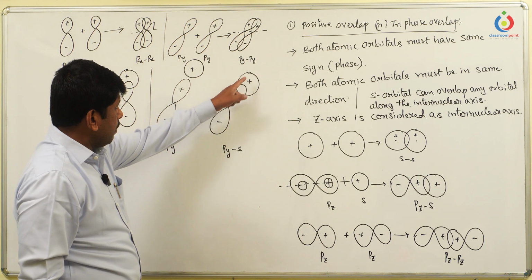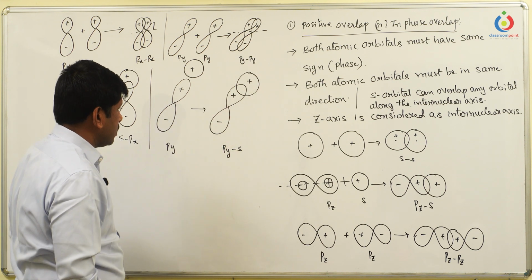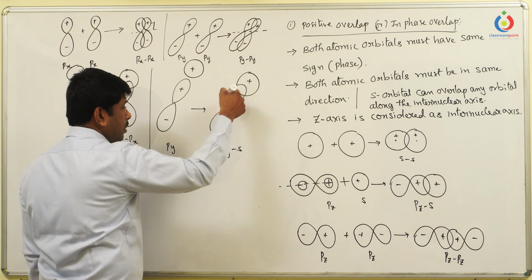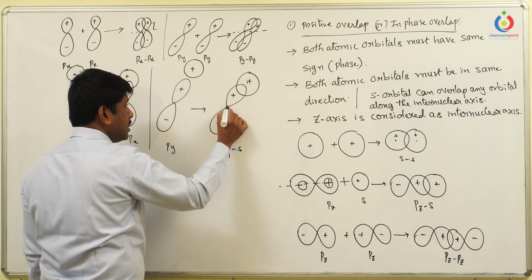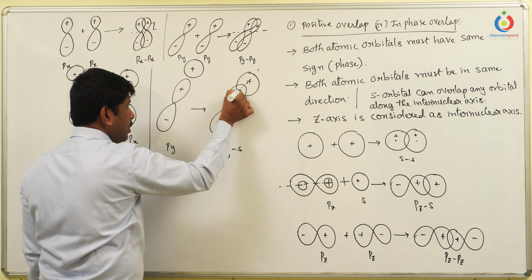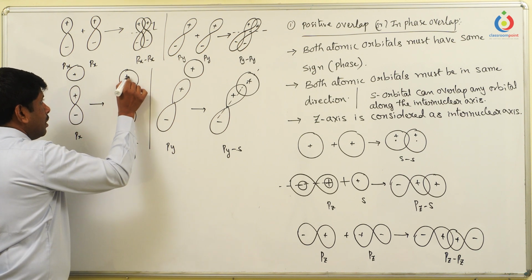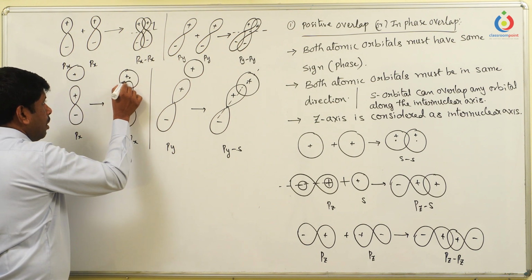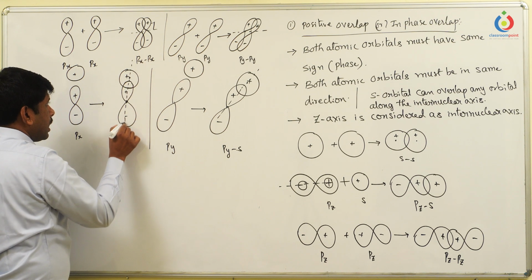Here the s orbital can approach the other orbital along the internuclear axis. How is the internuclear axis present? See, here a nucleus is present, and here a nucleus is present. This overlapped area is present along the internuclear axis. This is the common overlapped area located along the internuclear axis.